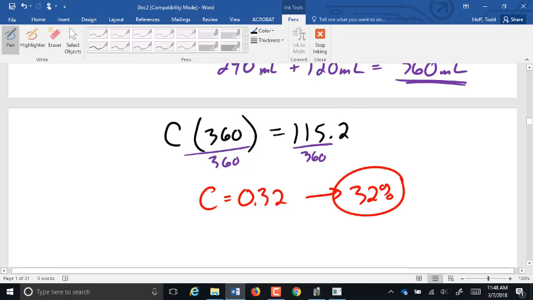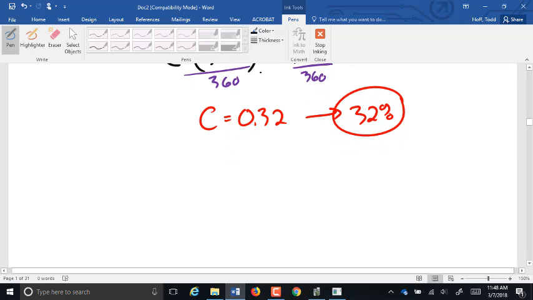Now I did that as kind of a roundabout way because what we were adding here was water, normal saline. There was no medicinal value. We didn't have to do out the formal solution mixing equation, but we could have. We could have taken that we were combining 48% with 0% to get some unknown concentration.